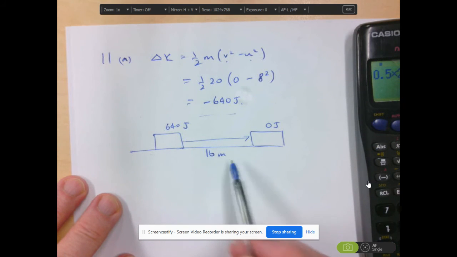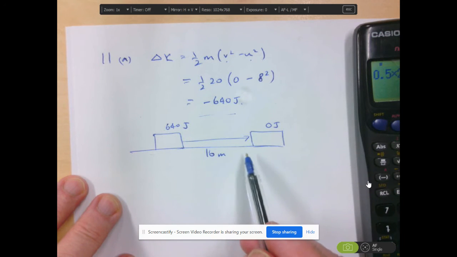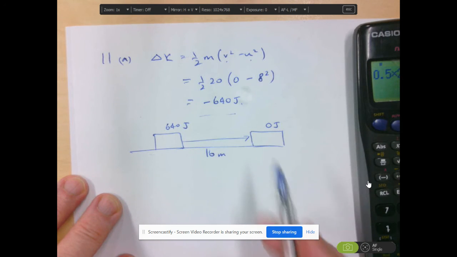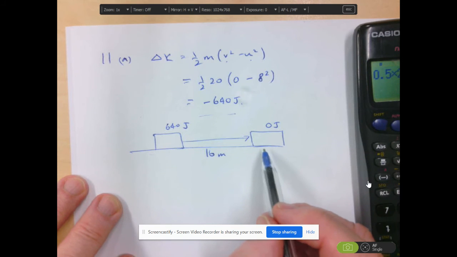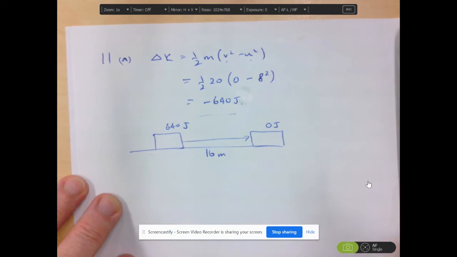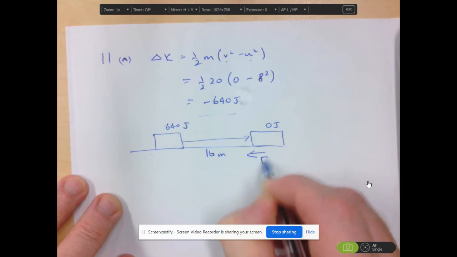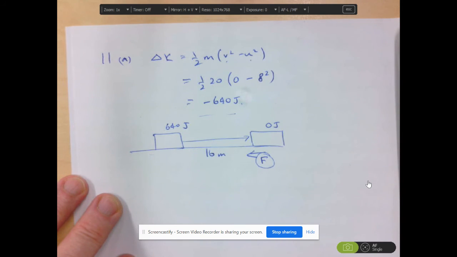The energy has been released in some form, and in this case, it will be converted into heat or sound or other forms of energy. So what is the force that does this? It's friction, and friction is acting against it in this direction. So can we calculate the frictional force against the motion?